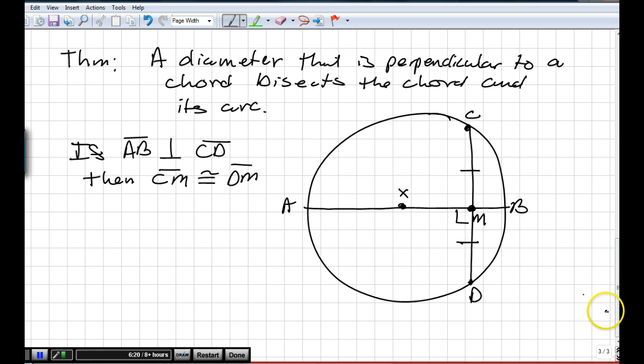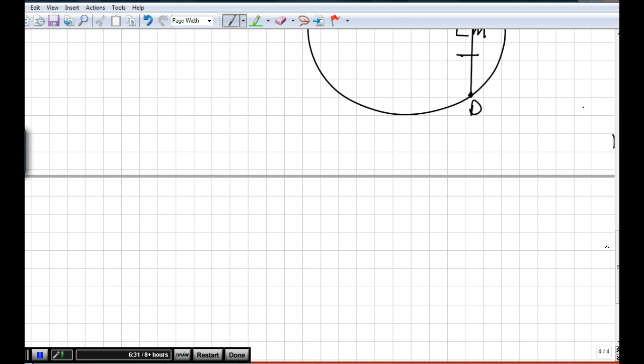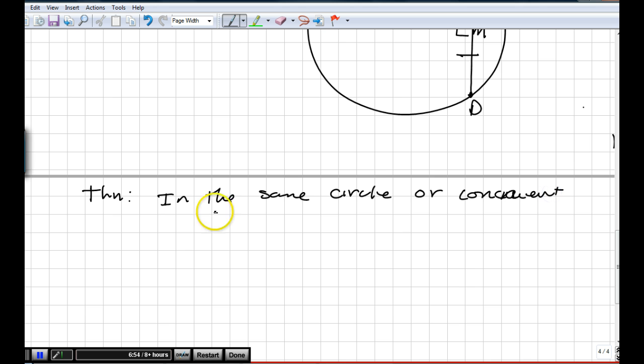All right, and then our next theorem, okay, our next theorem says in the same circle or congruent circles, the following is true.